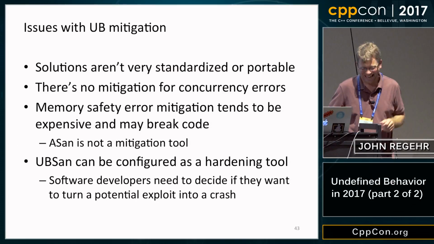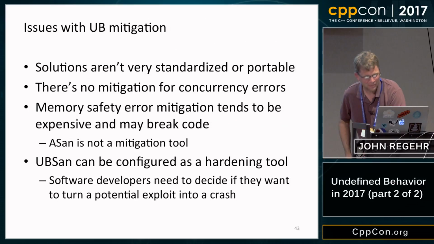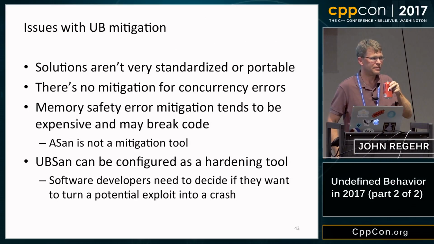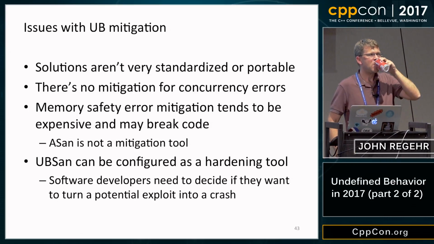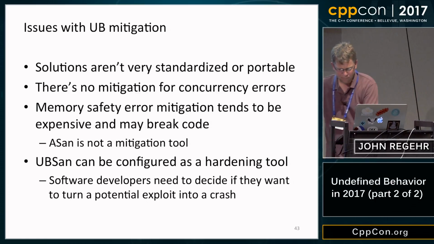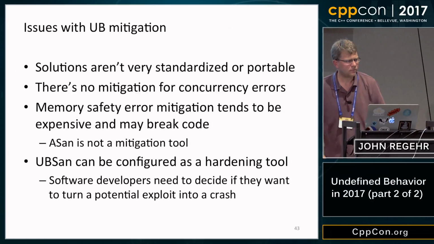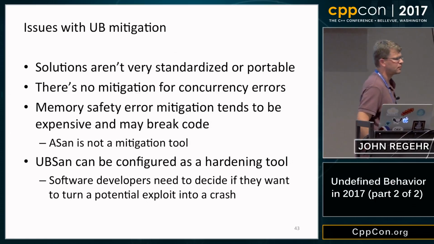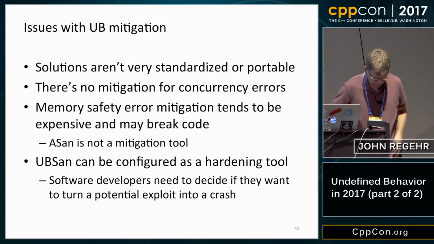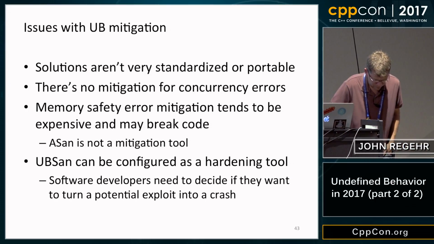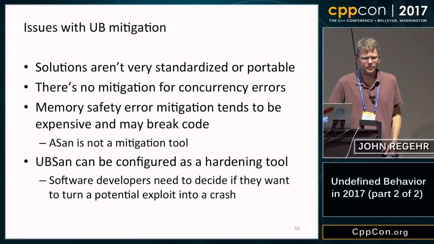Okay. Kostya, if you don't mind, I will hijack your talk for a couple of minutes, maybe less. ASAN is not a mitigation tool, and I'm not aware of any technique in software that can mitigate memory safety bugs. But I'm aware of a released hardware-assisted memory safety mitigation, which is extremely useful.